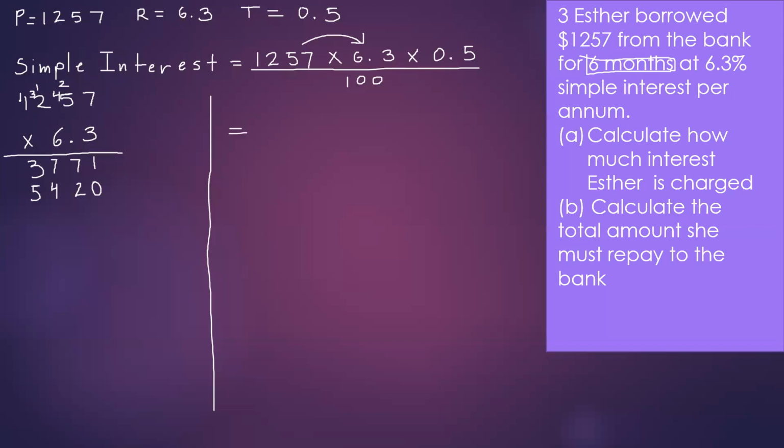Put the 5 down, put the 1 up. 6 times 1 is 6 plus 1 is 7. Good. So we add them. We have 1 plus 0 is 1. 7 plus 2 is 9. 7 plus 4 is 11. And 5 plus 4 is 9. And then it's just 7. Okay, I have that.